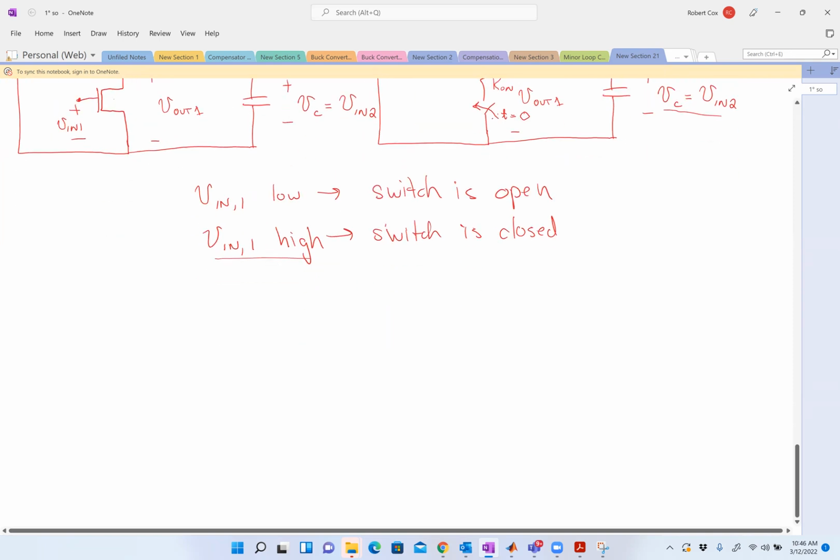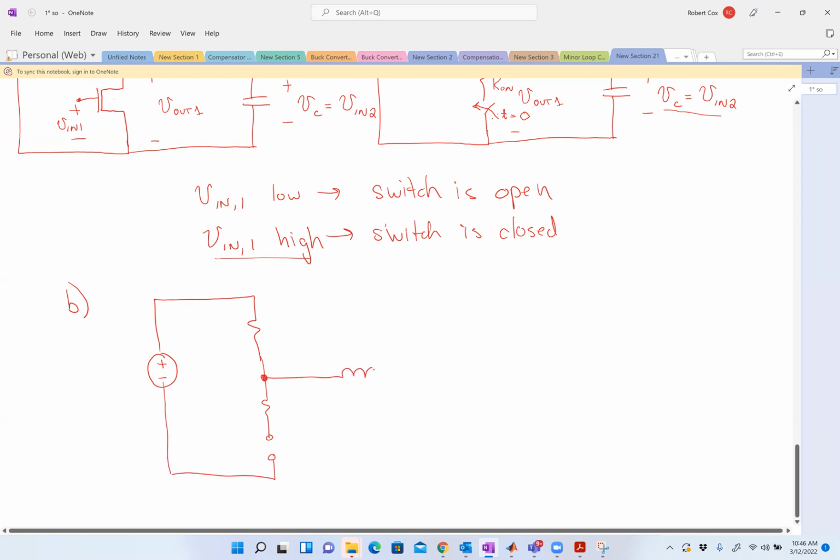If I look at part B, I have this circuit here, resistor, and the switch has been open for a long time. So I have an open circuit down there.